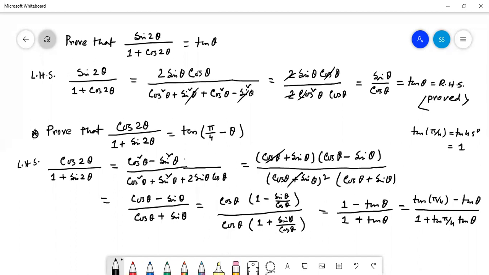Then look at the structure of this: tan A minus tan B by 1 plus tan A tan B. Which formula is it? That means tan of (A minus B). That means tan of (pi by 4 minus theta), which was our required right hand side. Required proof.